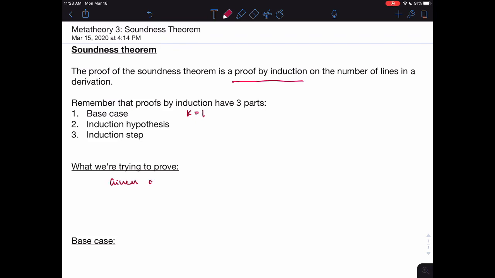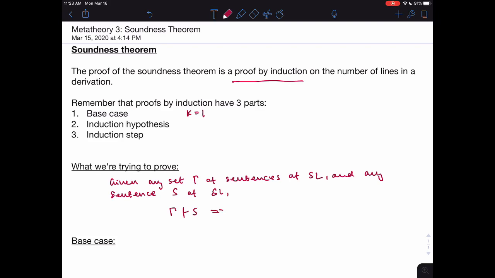Given any set gamma of sentences of SL, and any sentence S of SL, if S is derivable from gamma, then gamma truth functionally entails S. Okay, so the soundness theorem is, again, making this very tight connection between these two claims about what makes an argument good.